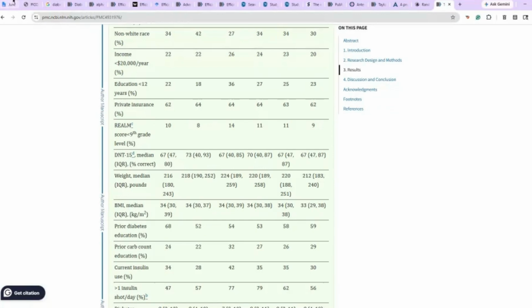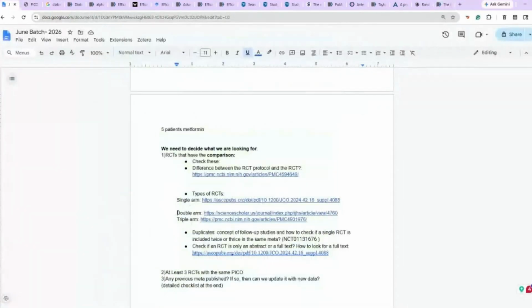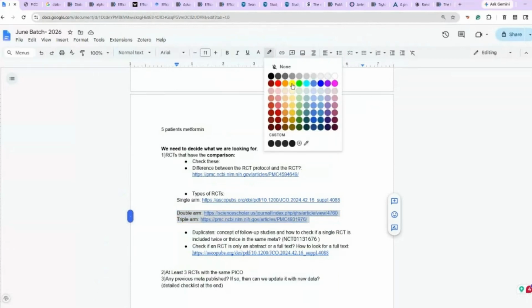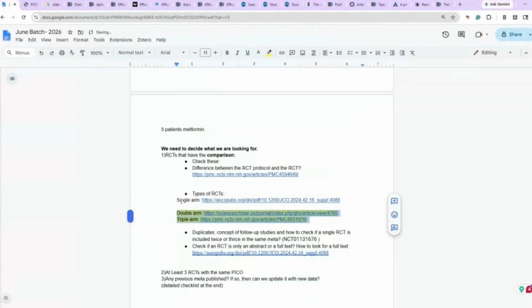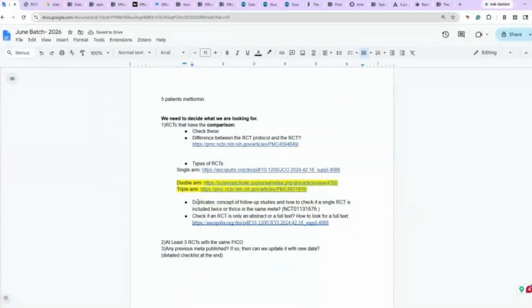For comparison meta-analysis, we can use double arm studies, and we can also use 3-arm studies, but we cannot use single arm studies. And then we have the concept of duplicates. These are all the mistakes that students make when they are looking for topics. So I'm clarifying all these first, and then we will move to a bit more specification on how to look for a topic.